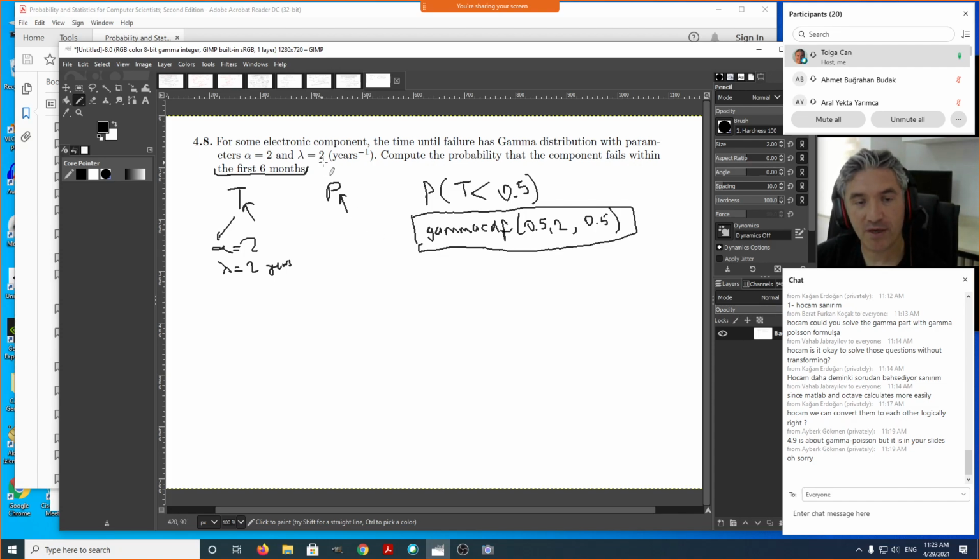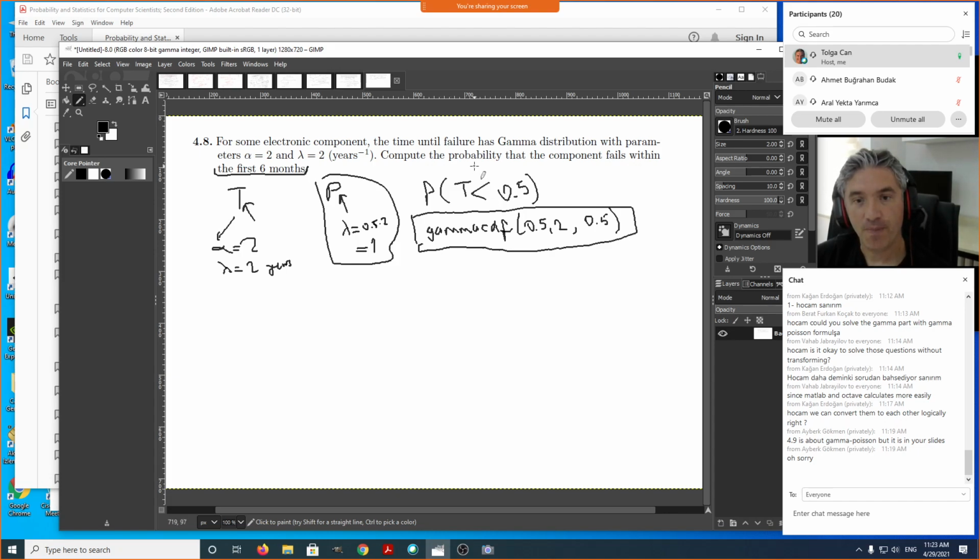Lambda was 2 events per year, so lambda for this Poisson variable P is 0.5, which was that T, times the original lambda. What I'm doing is lambda T, which is going to be 1. So in 6 months, we expect 1 event to occur.